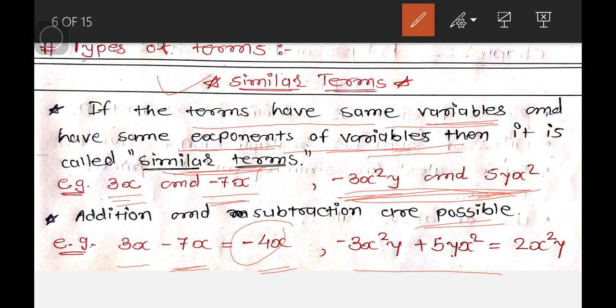Both terms have different signs, so we do subtraction. We subtract 3 from 5, so it gives 2x square y. Since 5 is the larger term and it is the second term, we put a positive sign. So this was about similar terms.